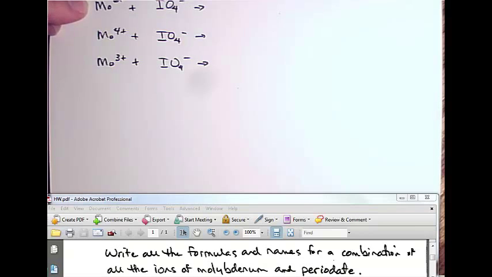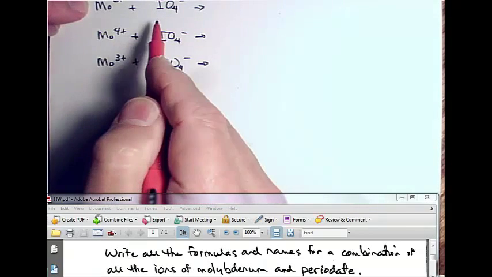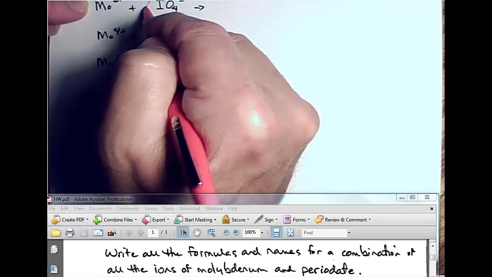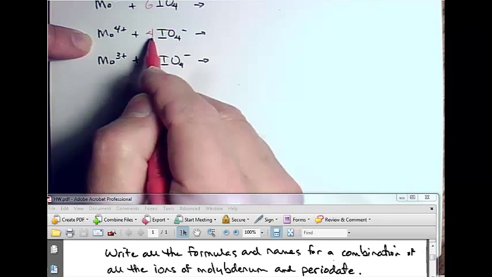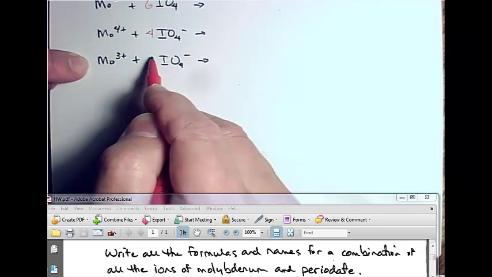And so if we put this molybdenum together with periodate, we're going to need 6 periodates. Put this molybdenum together with this periodate, we need 4 periodates. And this molybdenum with this periodate, we need 3.